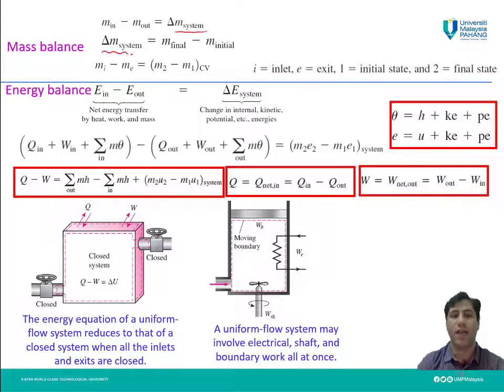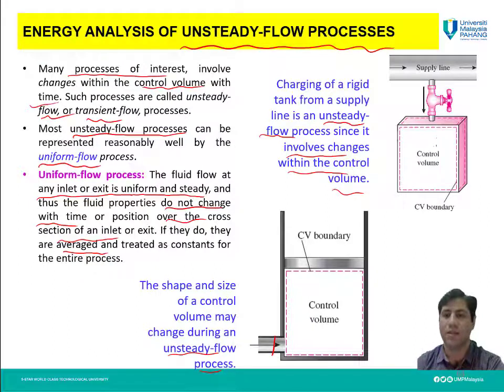Then delta M of the system will be the final mass of the control volume minus the initial mass of the control volume. Imagine we select the gas or the fluid inside this tank as our control volume. The initial mass is zero because we don't have any gas inside the control volume.